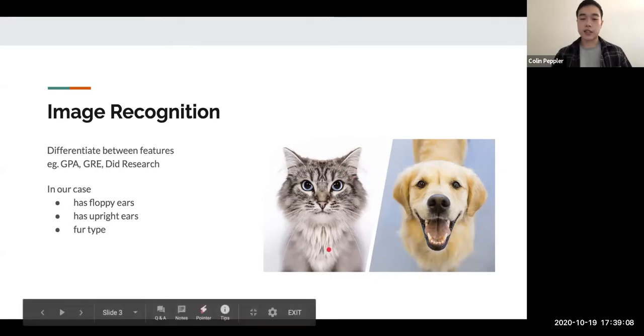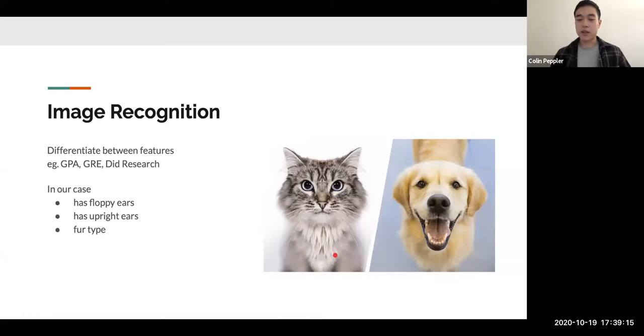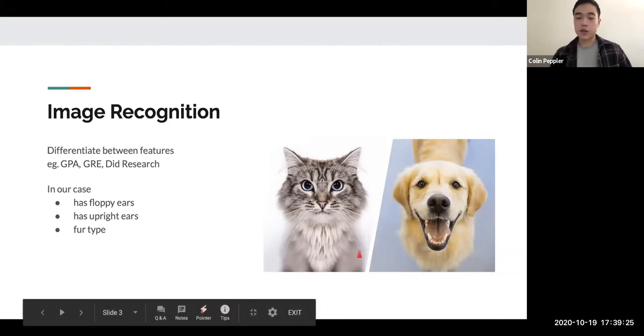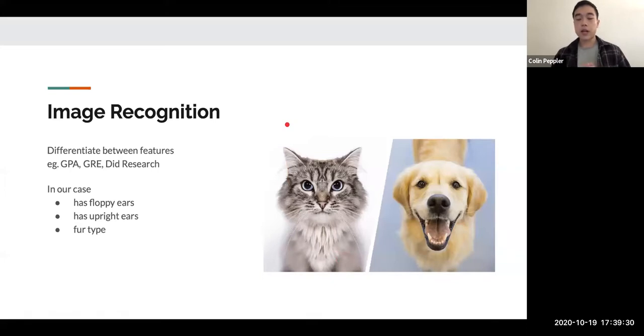Then you can look at the fur type, and I guess cats have longer fur, but that's not always the case. That's just one feature, and you can look at a bunch of features, right? Their eyes, maybe their mouths or nose, stuff like that. So that's the problem. How do we identify these features from an image?